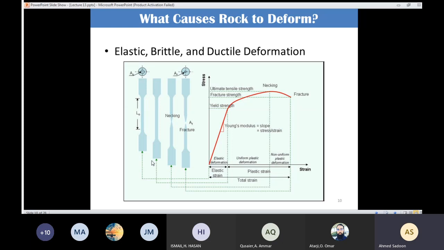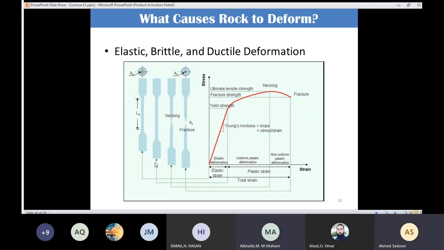Then if I remove that force, what do you think will happen? I applied a force here, and as a result, I have an increase in the length. If I remove this force, in other words, the force is no longer working on that bar or rod, what do you think will happen? The material will go back to its original shape.